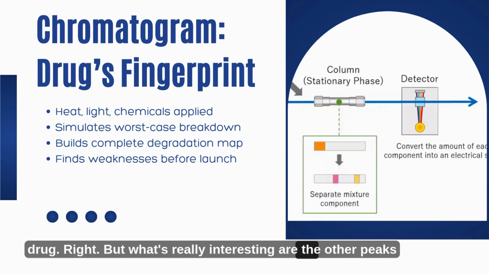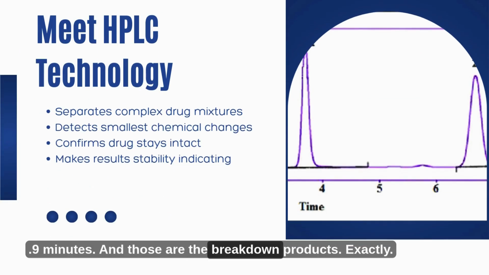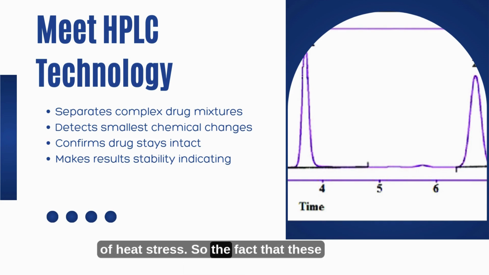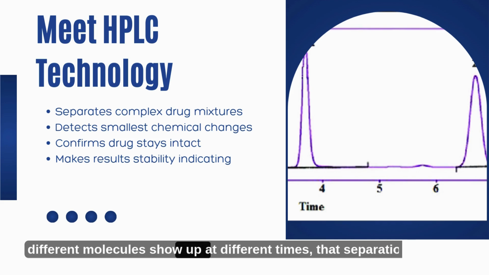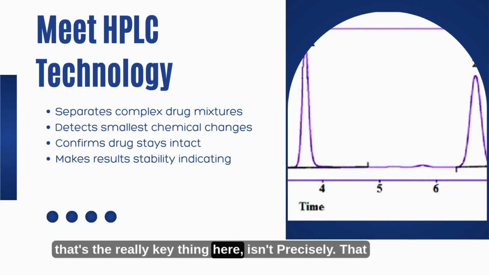But what's really interesting are the other peaks that pop up after the drug has been deliberately heated. You see peak 1 showing up earlier at 3.8 minutes, and peak 2 even earlier at 2.9 minutes. And those are the breakdown products. Exactly. Those are the breakdown products, the degradants that form because of the heat stress. So the fact that these different molecules show up at different times, that separation, that's the really key thing here, isn't it? Precisely.